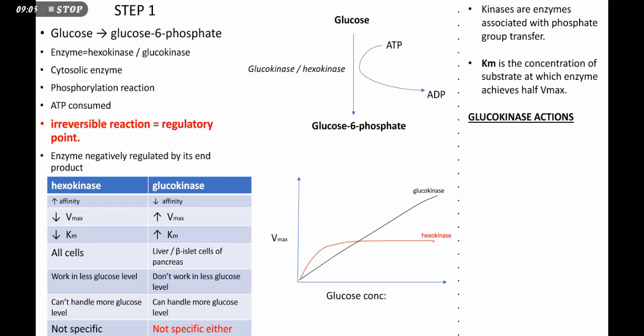Well, another important thing you should know about is the glucokinase actions which are outside of phosphorylation. You see, I told you glucokinase is present in beta islet cells of the pancreas, but I didn't tell you why. Well, the answer is that in beta cells of the pancreas, it causes sensitivity to glucose level and release of insulin. This point is self-explanatory, but I will explain how that happens.